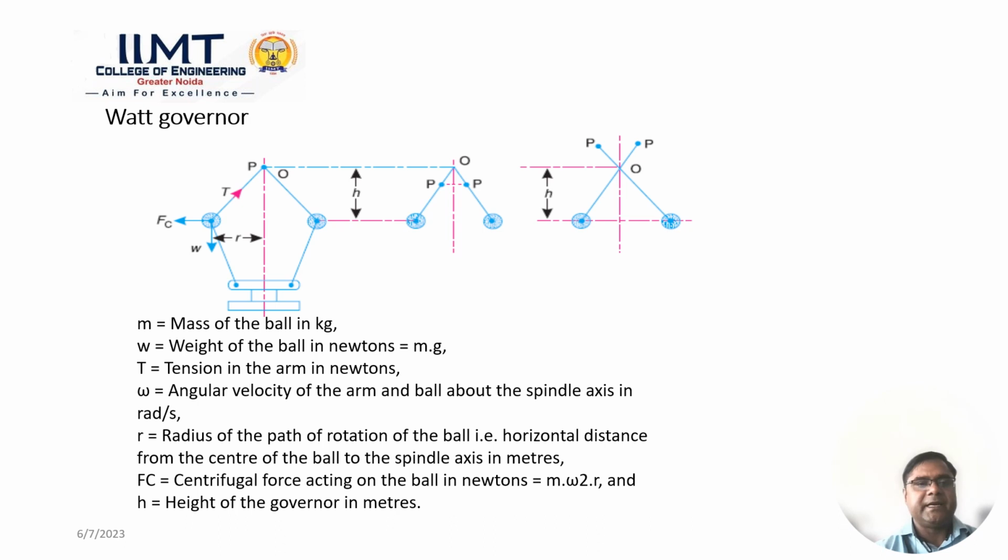R is the radius of the governor, and Fc represents the centrifugal force which always acts in the outward direction, and H is the height of the governor. In this governor, there is an assumption that we neglect the tension on the upper and lower arm, and also neglect the weight of the arms.